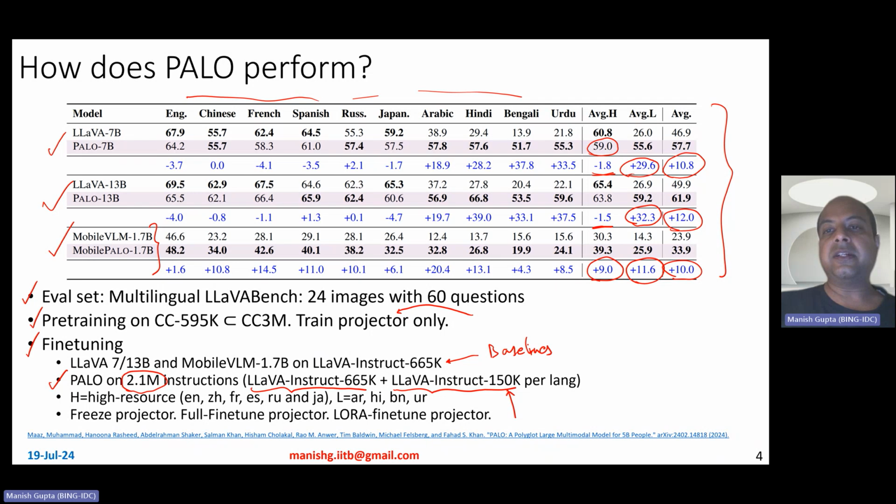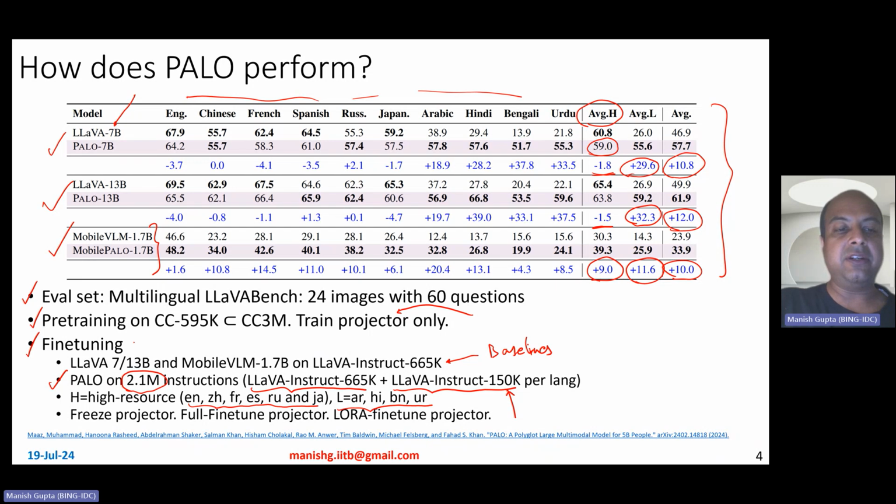In this entire study, what were high resource languages? The high resource languages include English, Chinese, French, Spanish, Russian, and Japanese, which have very good representation in the LLaVA pre-training itself. The low resource languages include Arabic, Hindi, Bengali, and Urdu.